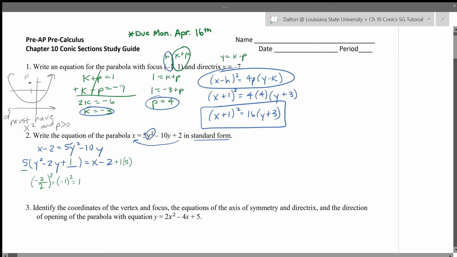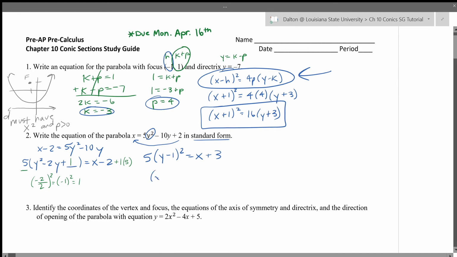We end up on the left side, our y trinomial, y squared minus 2y plus 1, can be rewritten as y minus 1 squared. Oh, and I still have that 5 on the outside. Is equal to x, and then negative 2 plus 5 is 3. And the only other thing to do to get it into standard equation, which again looks like this up here, is to move that 5 to the other side.